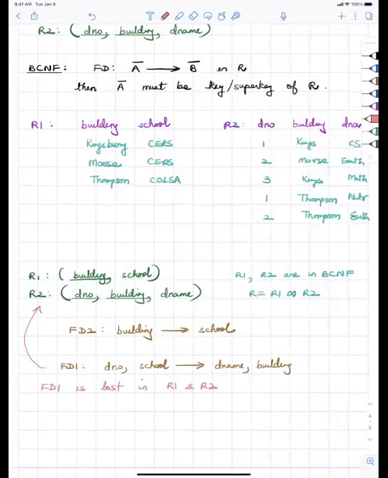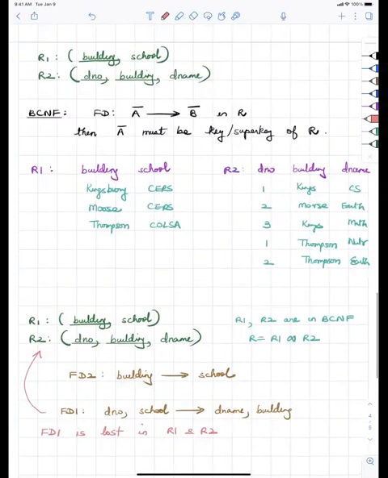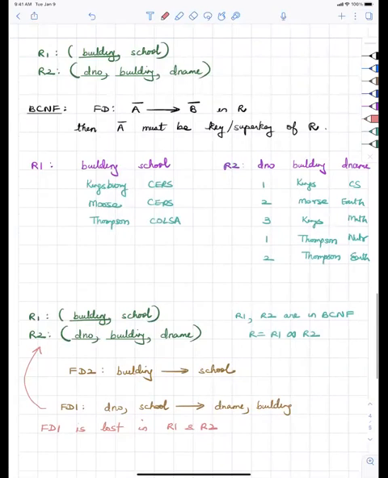When you kept the table the way it was originally, you could see that this dependency was there. The D number and school together determine D name and building. But when you divide it like this, you are actually losing this dependency. If you just look at these two tables, R1 and R2, unless you join them together, which means you're getting back the original table, you don't see this dependency at all.